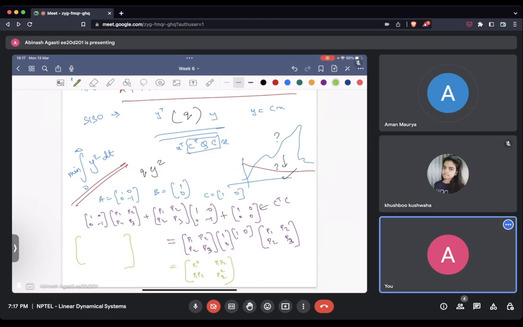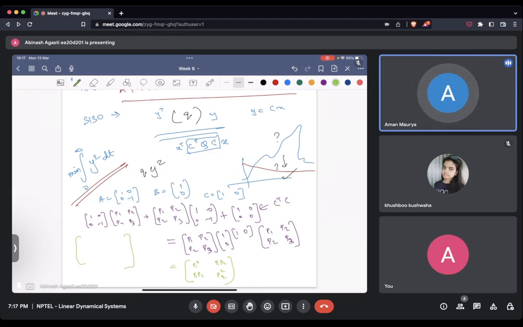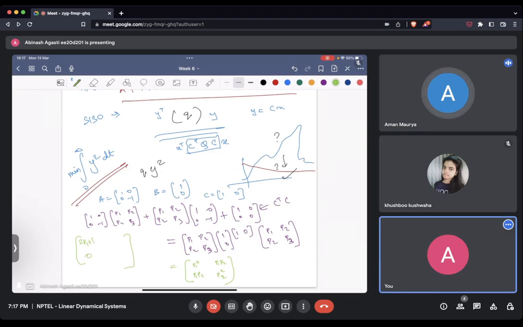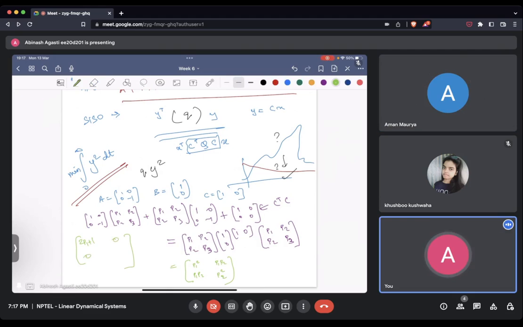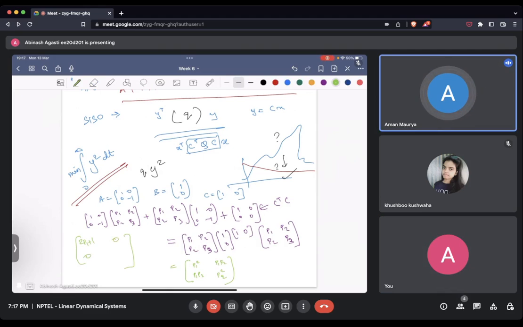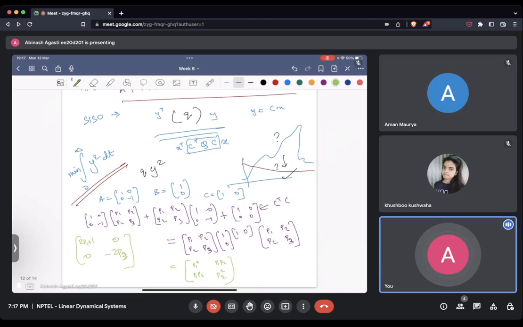So on the left I get 2P1 plus 1, then 0, 0, and minus 2P3 on the other terms. When we equate these two, this implies the first is P1 P2 is 0.